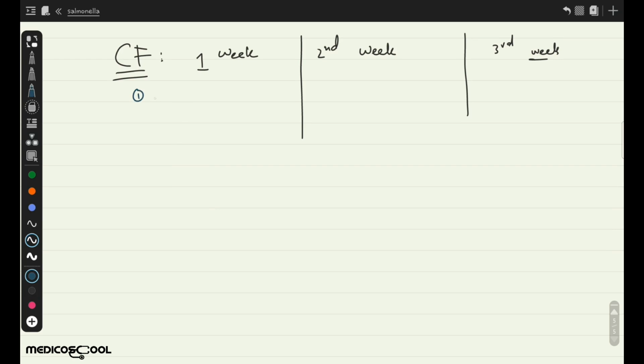The first symptom will be the slow onset and step ladder pattern of fever. Step ladder pattern means that the fever will increase in a step ladder pattern like this, not acutely like malaria, etc. There will be constipation.